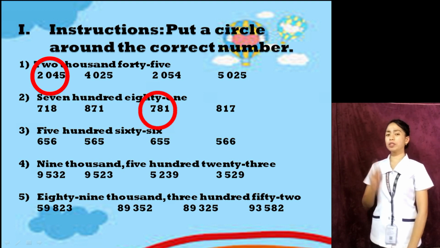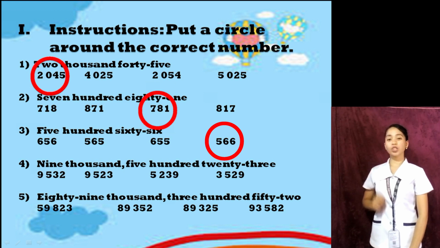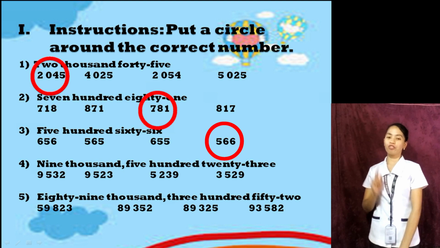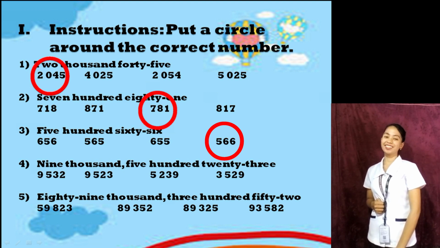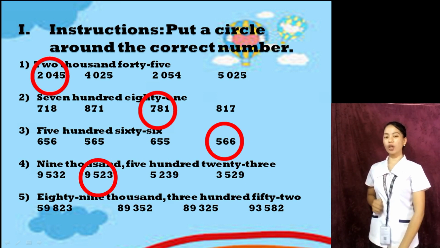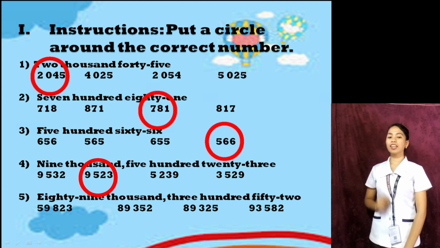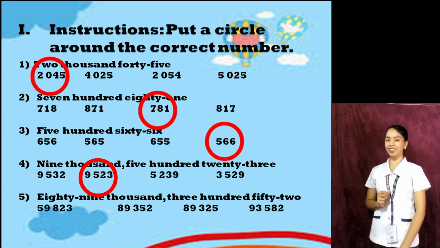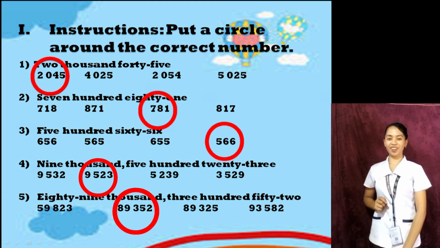Where we should put a circle in the 4 choices. In number 4, 9,523, where we should put a circle. Okay, very good. In the second choice. In number 5, 89,352, where we should put a circle. Okay, very good. In the second choice.